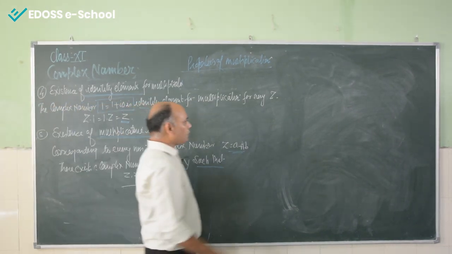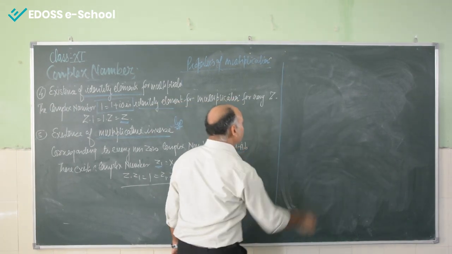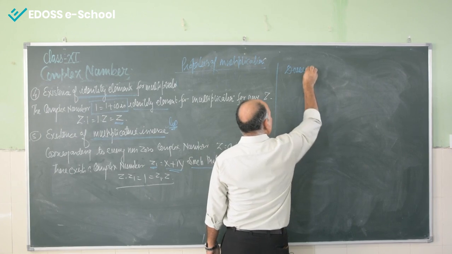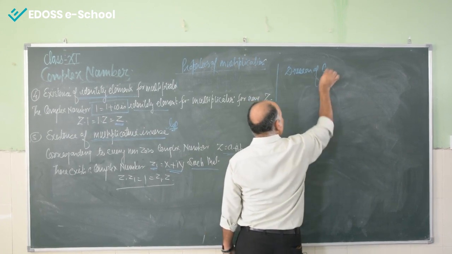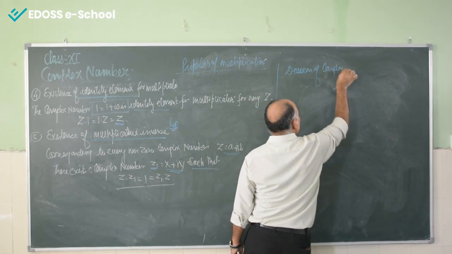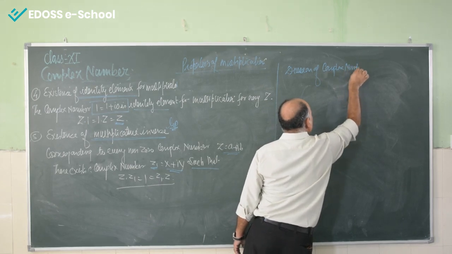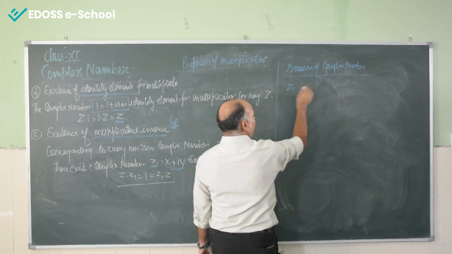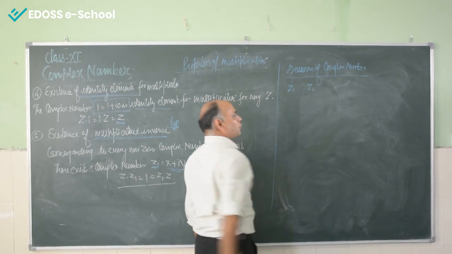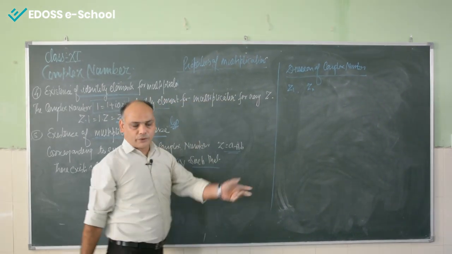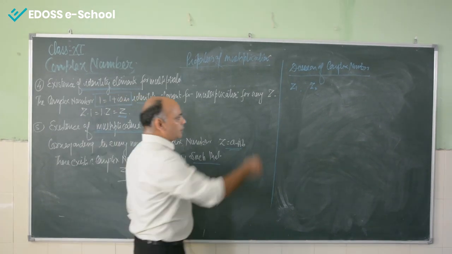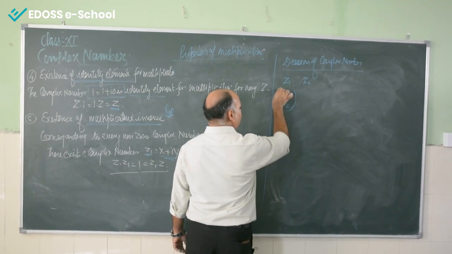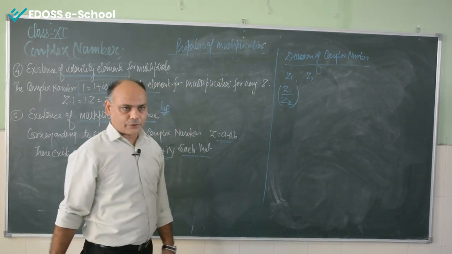Now the last operation is division. Division of complex numbers. How can you divide complex numbers? Suppose Z1 and Z2 are two complex numbers and they belong to the set of complex numbers. Then division means Z1 upon Z2. This operation you have to do, Z1 upon Z2.